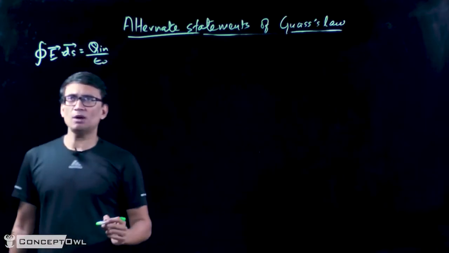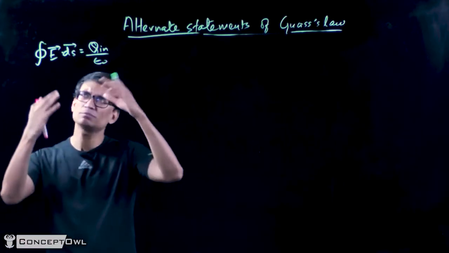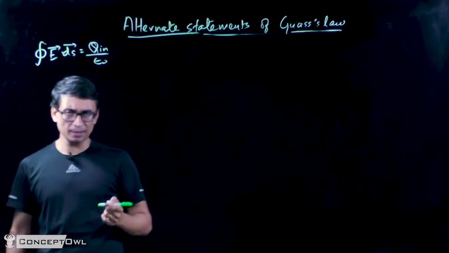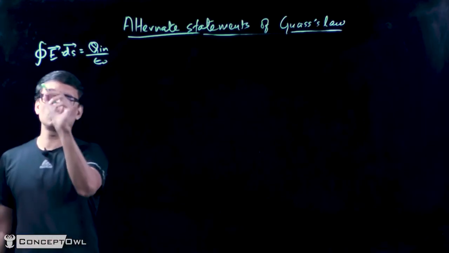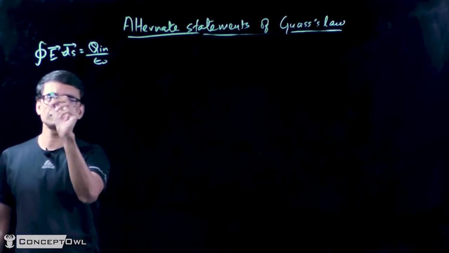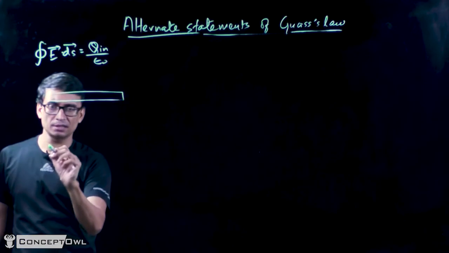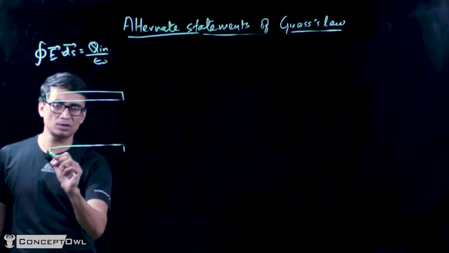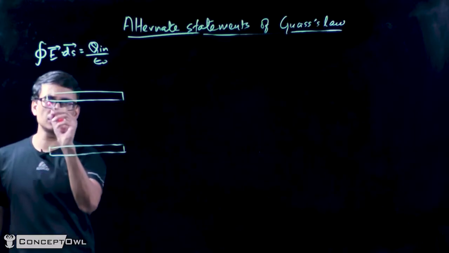Now let's take a scenario where there's a dielectric present. How can we state it more conveniently? Let's say there is a parallel plate capacitor. Say this is one plate, this is another plate of a capacitor, and it is filled with a dielectric.